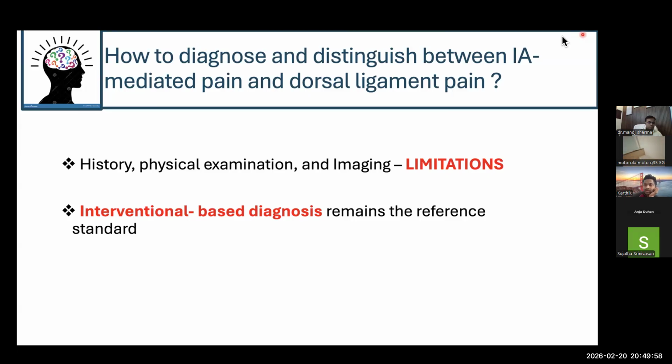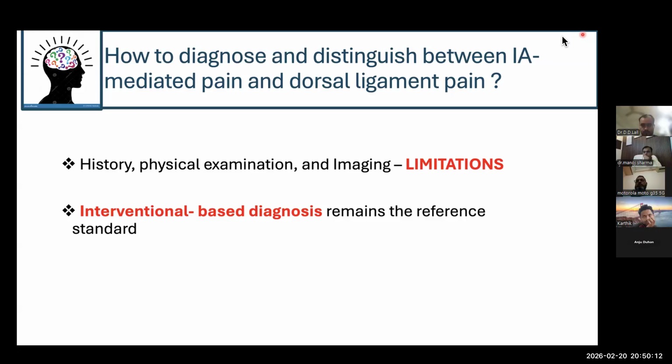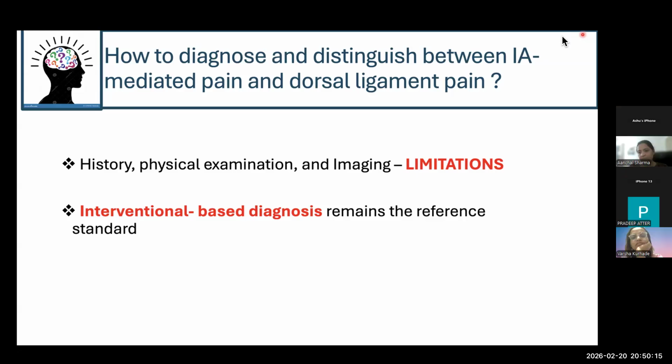Okay. Dr. Pradeep, you were saying something. Yes, ma'am. I just wanted to ask, regarding the posterior ligaments, in young patients with extra-articular involvement, the earlier understanding was that posterior ligaments are more likely to get affected. So, will fluoroscopy be of similar value, or would we prefer to use ultrasound or something else?